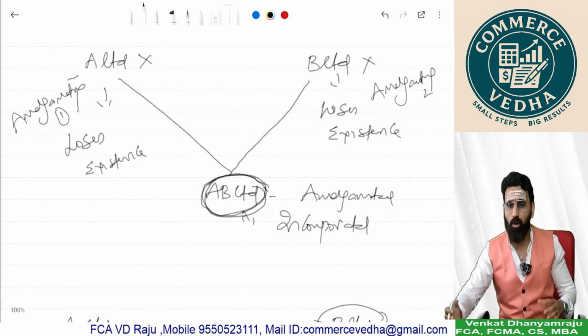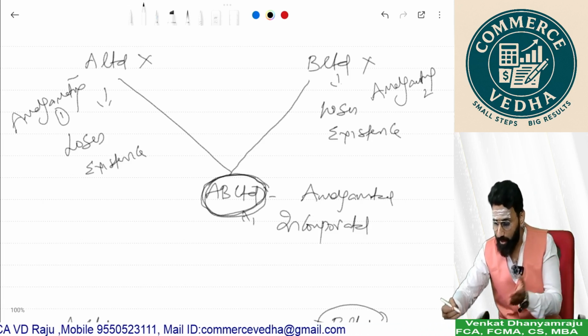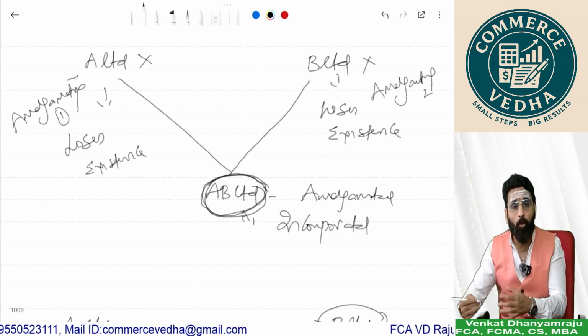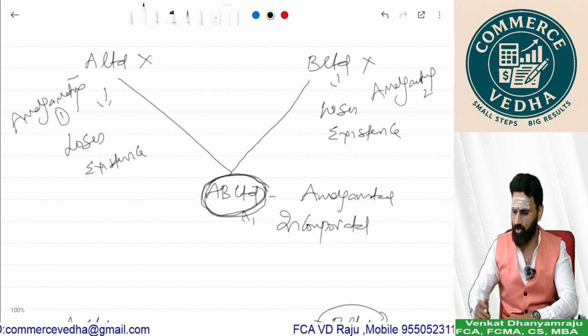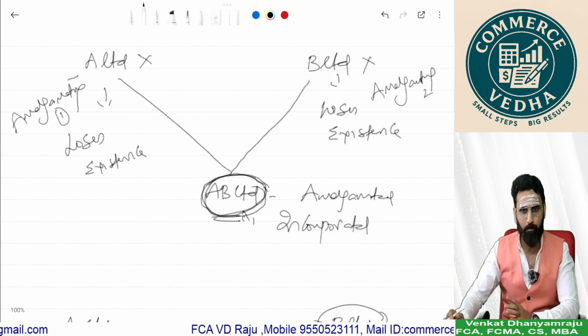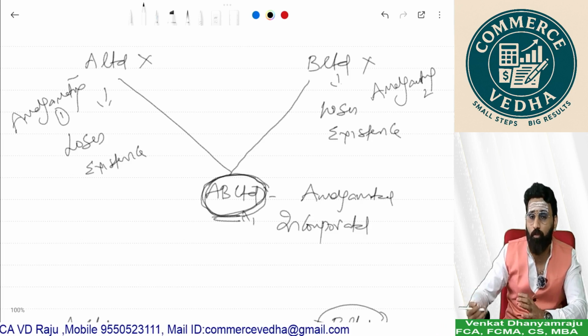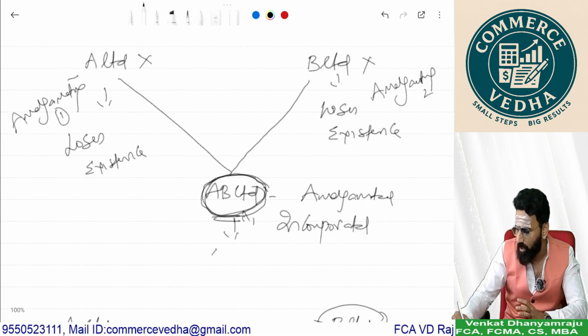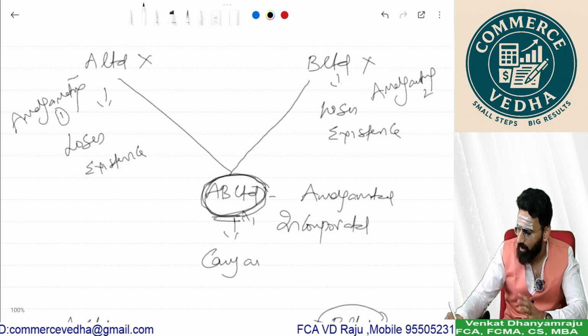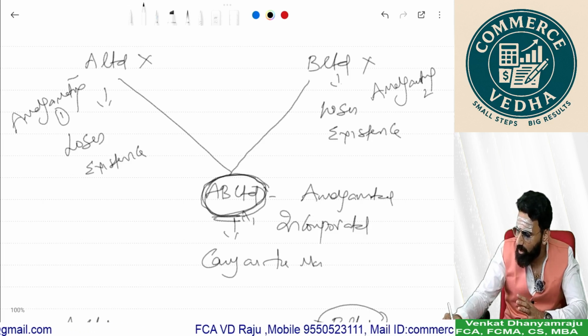But these two are getting amalgamated into a new company incorporated for the purpose of amalgamation, AB Limited. One case where these two are losing and one is newly formed to carry on the merged operations.